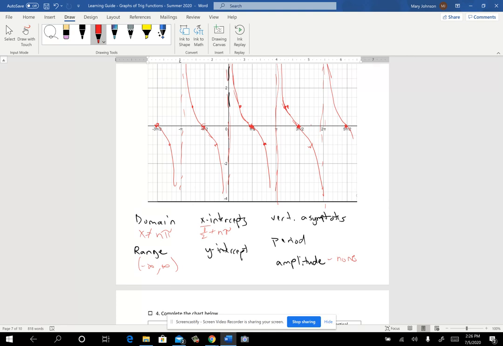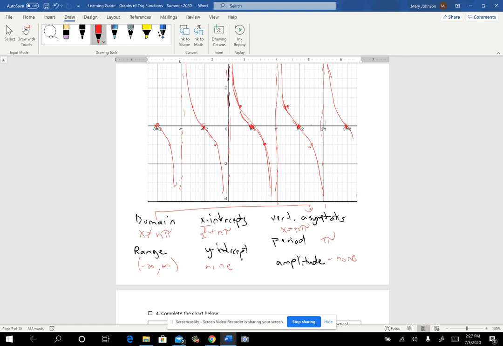The y-intercept, there isn't one. There's a vertical asymptote there. Vertical asymptotes are connected to domain. They are the vertical lines x equals a multiple of pi. And then just like tangent, you get a complete picture within pi. So the period is pi, not 2 pi.